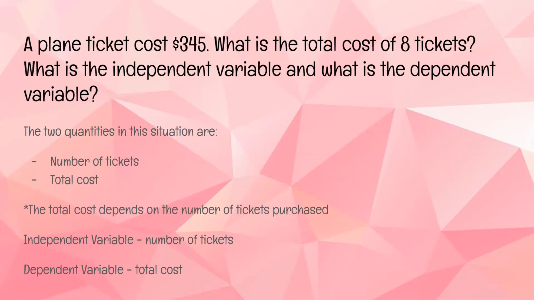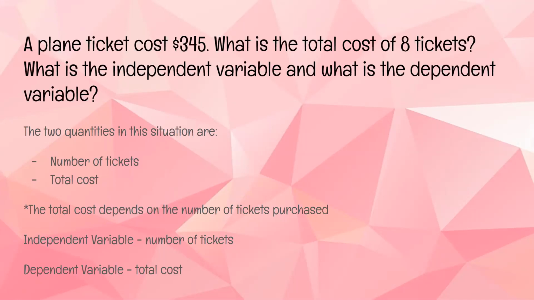Looking at this one, it says a plane ticket costs $345. What is the total cost of 8 tickets? What is the independent variable and what is the dependent variable? The two quantities in this situation are the number of tickets and the total cost.